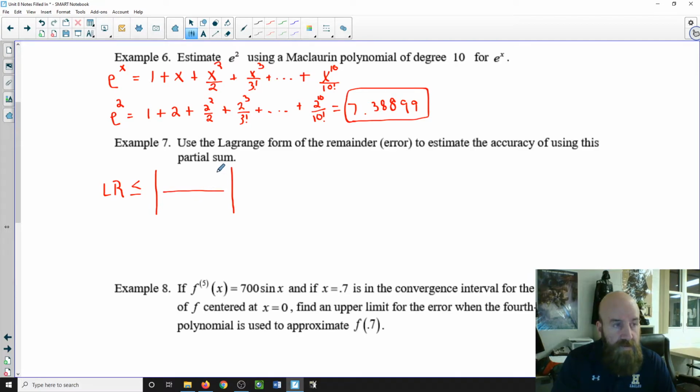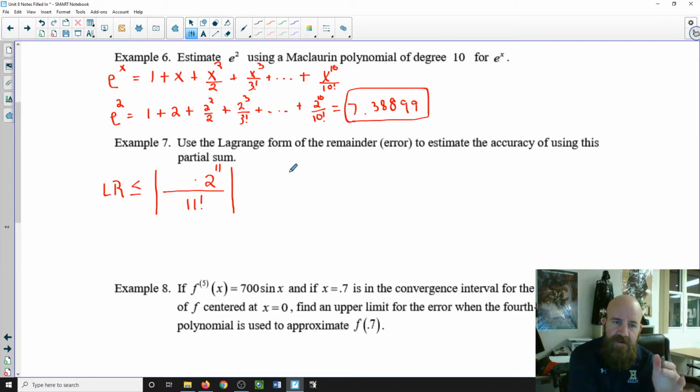We plug in the number we were evaluating at, go to the 11th power, following the same pattern, over 11 factorial. We just follow the pattern for the Lagrange remainder.